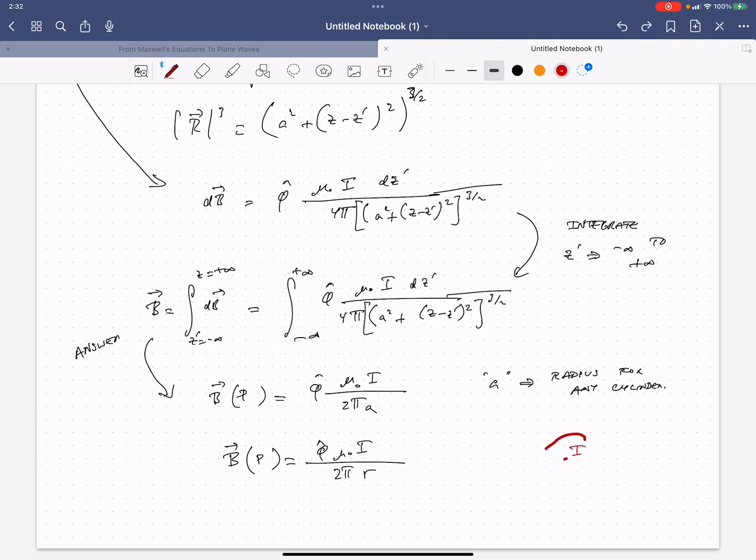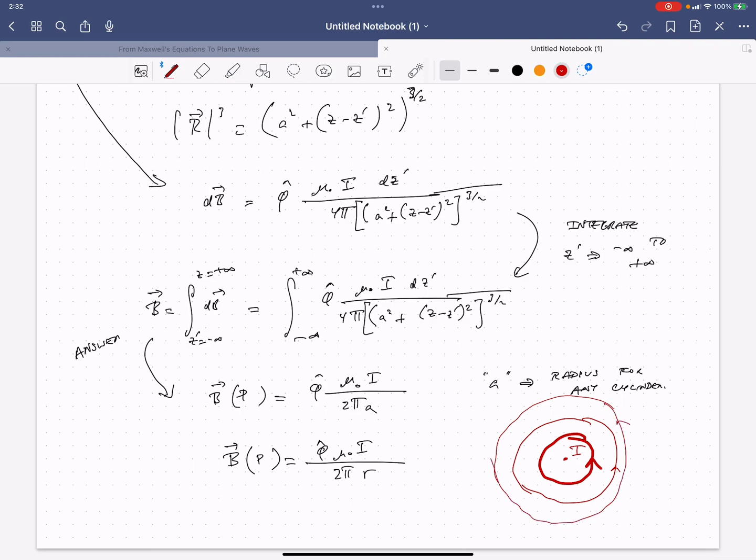They are cylindrically symmetric, going in the direction of phi around that filament, and as I move away from the current, the magnetic field gets smaller and smaller.